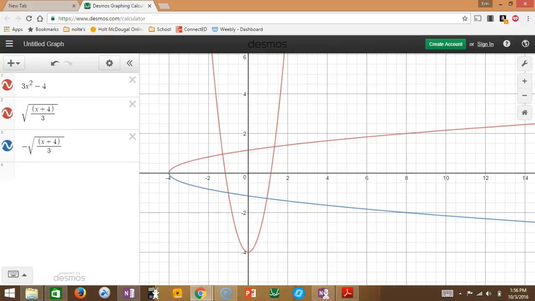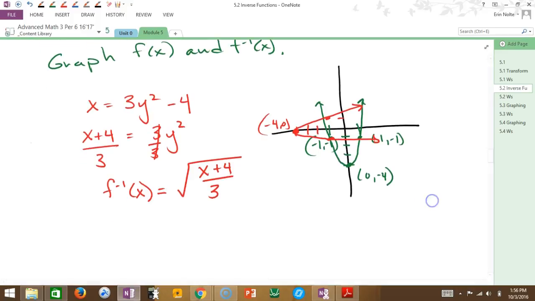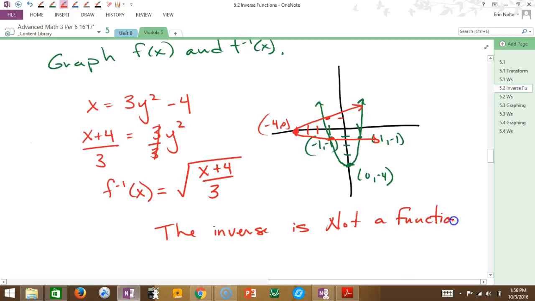No. Okay, so there's a reason why I ended with the inverse is not a function. Okay, so keep that in mind when you do your homework today in class.